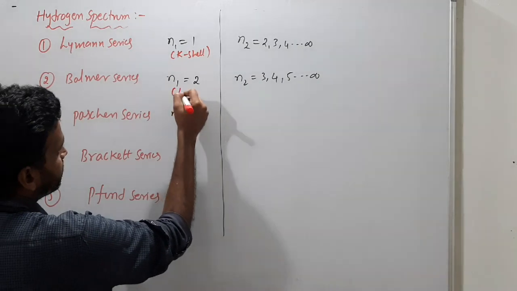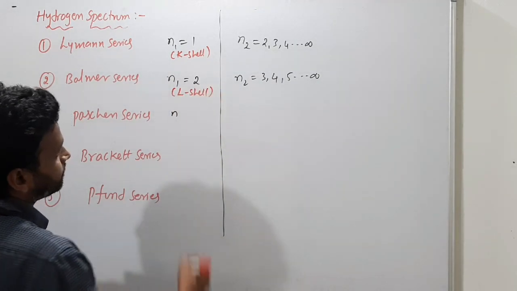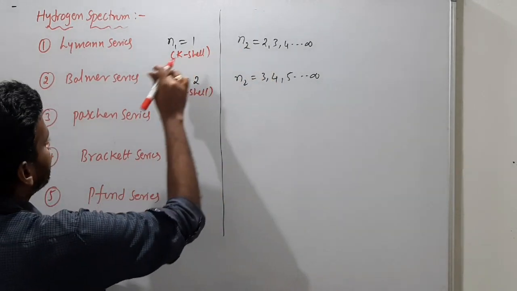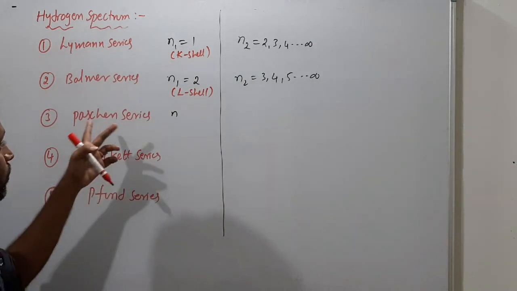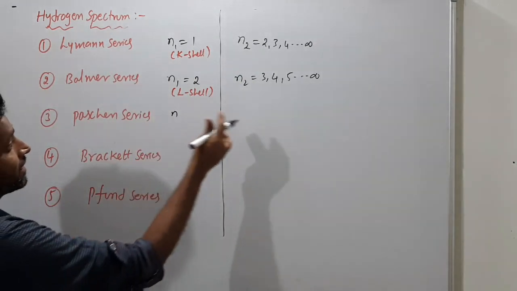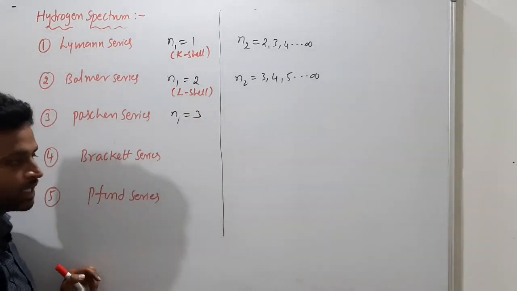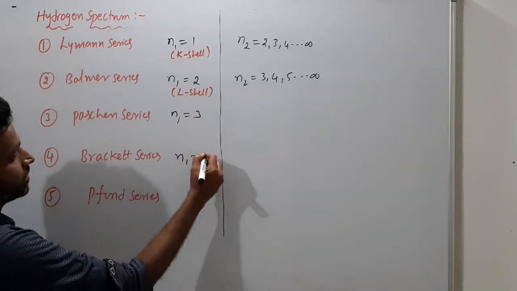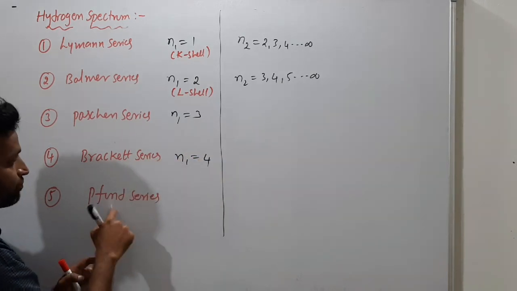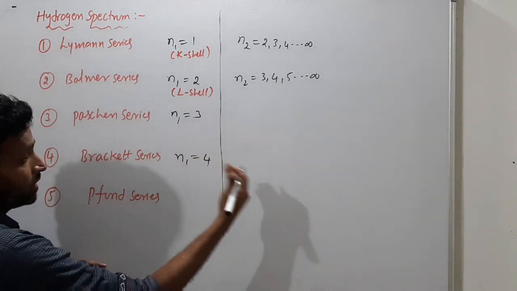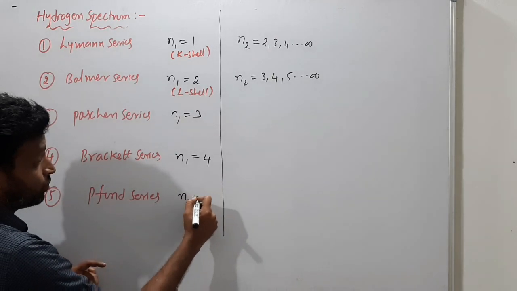What is the meaning of the second level? L shell. Balmer observed the electron jumping from the third level to the second level. Then Paschen observed the electron jumping from a higher level to the third level. The fourth level was observed by Brackett. Pfund observed the electron jumping from a higher level to the fifth level.